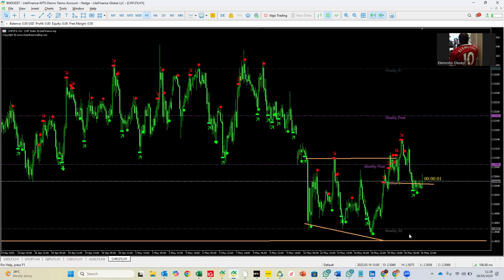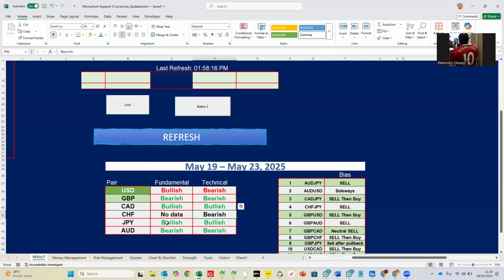If it breaks it, then we are most likely going to be getting to around here. But if it doesn't break below this point, then the trade idea has changed, and we may be looking forward to a bullish bias. But for now, I'm still taking it to be bearish.